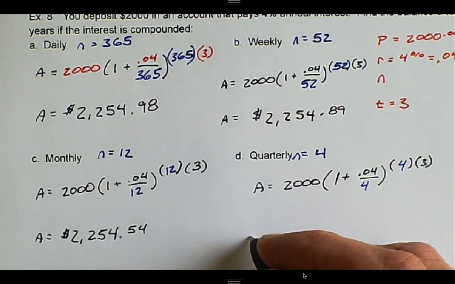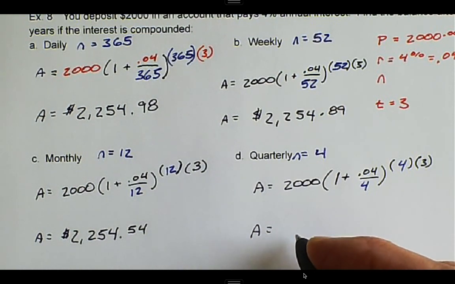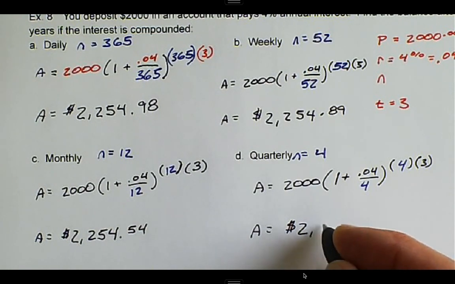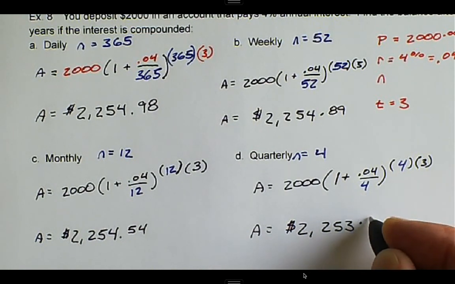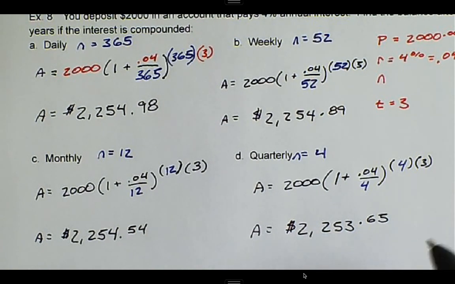When we plug that one into our calculator, we get 2,253.65. So now we're almost $1 less than we were at 12 times a year compounded.